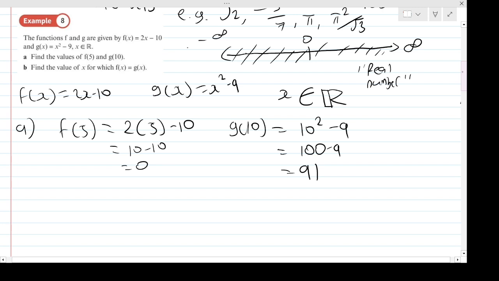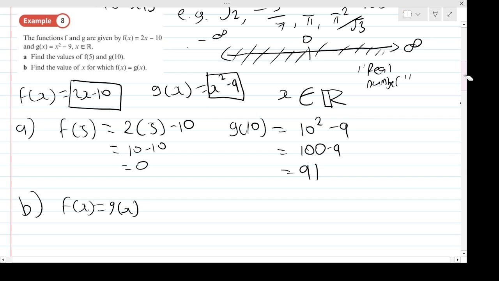So yeah. Then for part B, find the value of x for which f of x is g of x. Basically, we just need to equate this with this. So our expression for f of x, which is 2x minus 10, has to equal the expression for g of x, which is x squared minus 9. But how are we going to solve this?